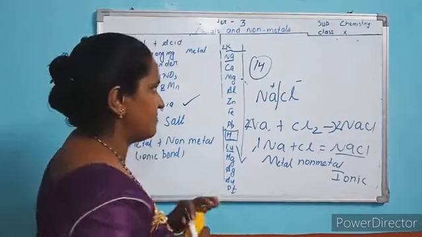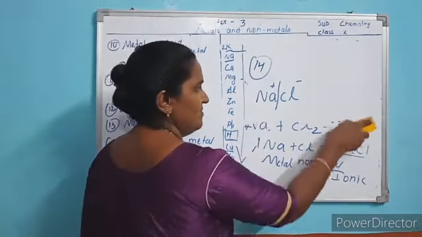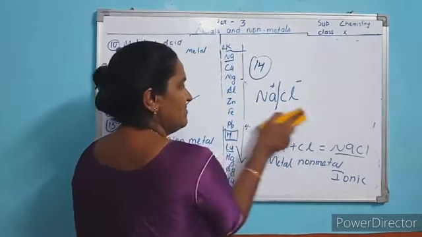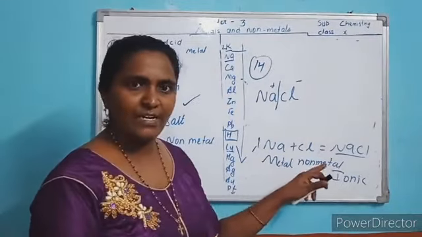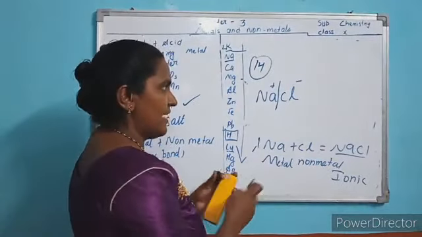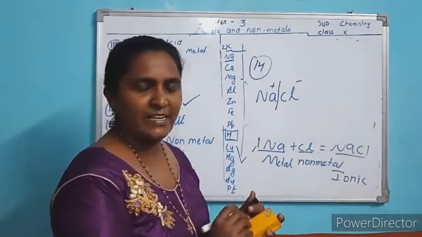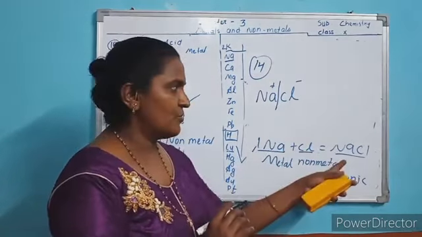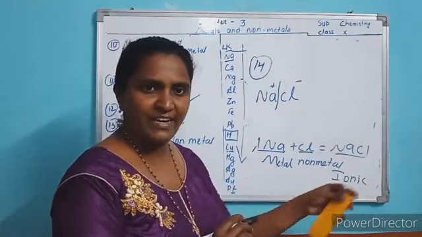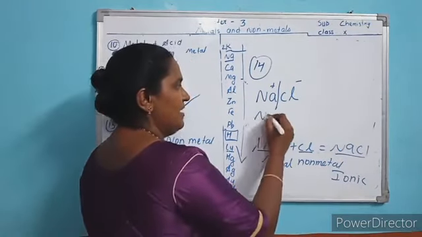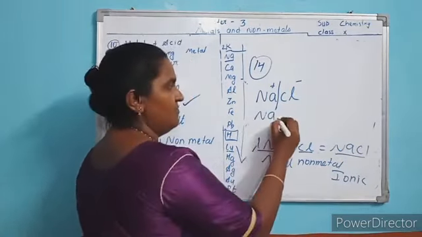What is ionic? See, I told you 1 Na and 1 Cl, isn't it? We will write this. This is an atom: 1 atom of Na reacts with 1 atom of chlorine to get 1 molecule of NaCl. See, Na has atomic number 11.